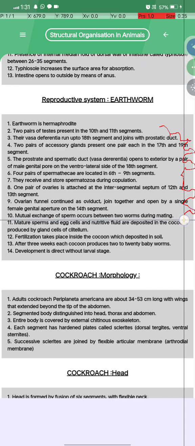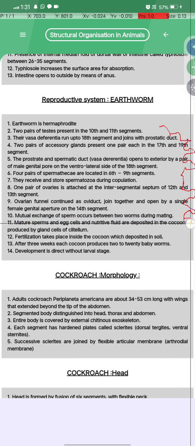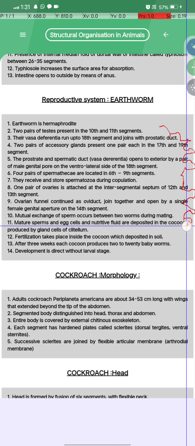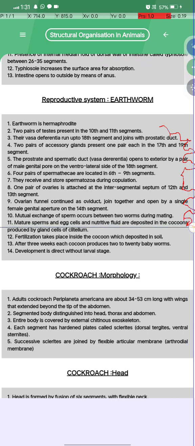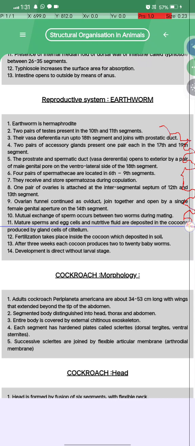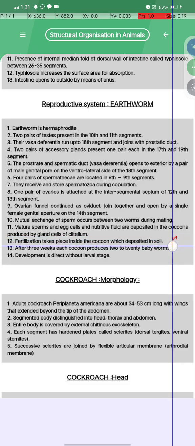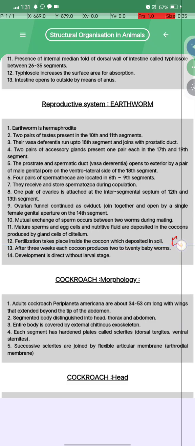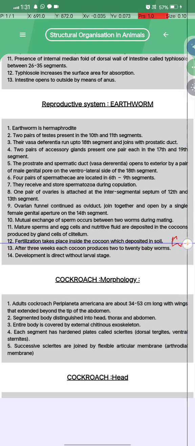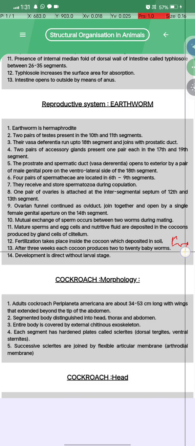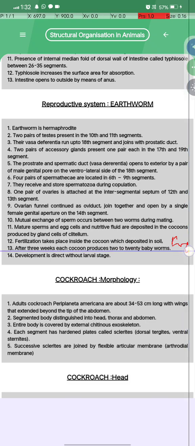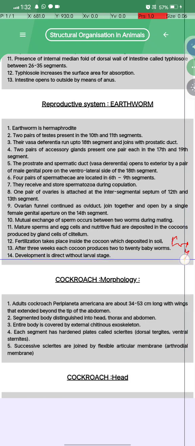Mutual exchange of sperm occurs during mating, and the mature sperm and egg cells with nutritive fluid are deposited in cocoons produced by the gland cells of the clitellum. Fertilization takes place inside the cocoon, which is deposited in the soil, and after 3 weeks each cocoon produces about 20 baby worms. Development is direct, without larval stages.